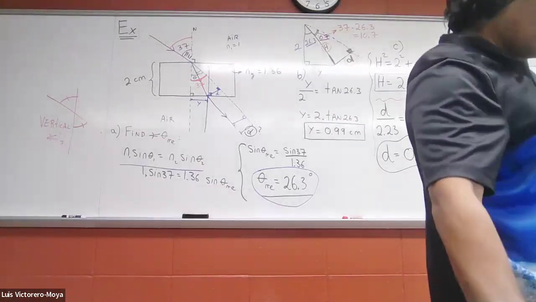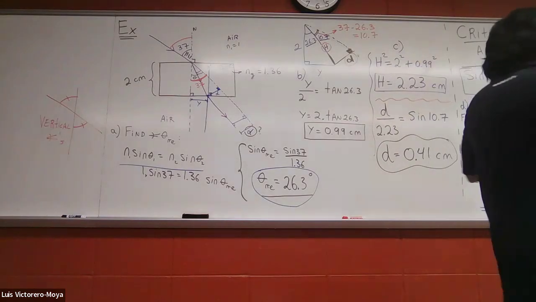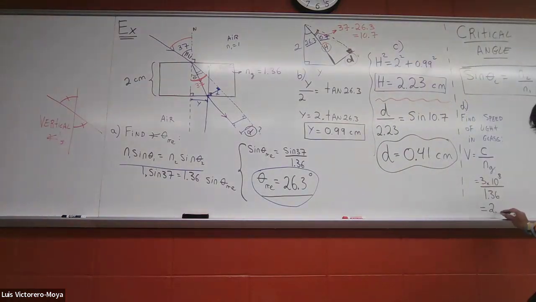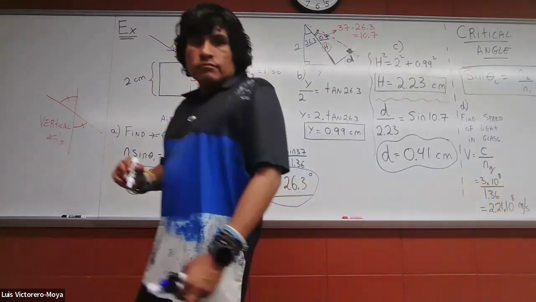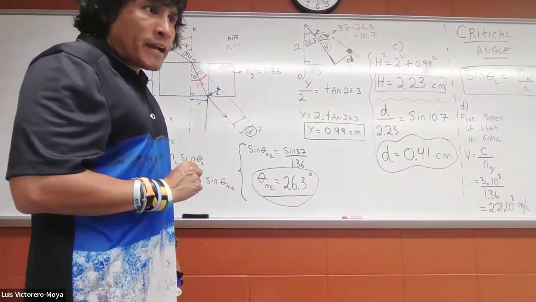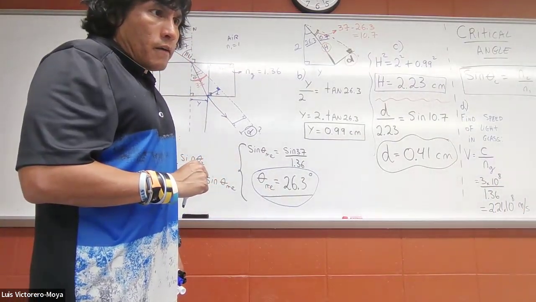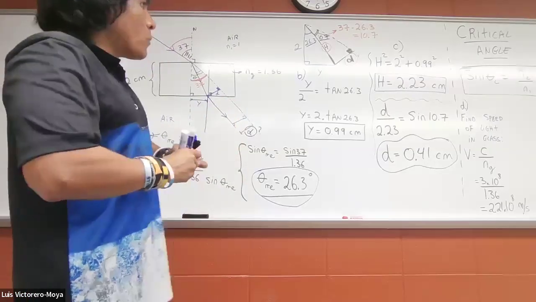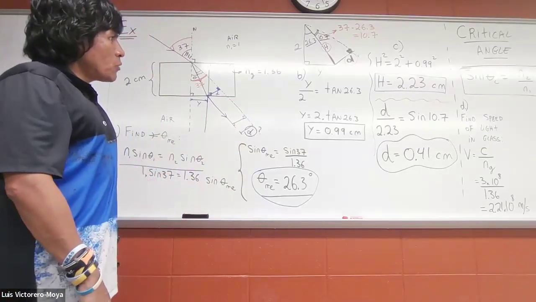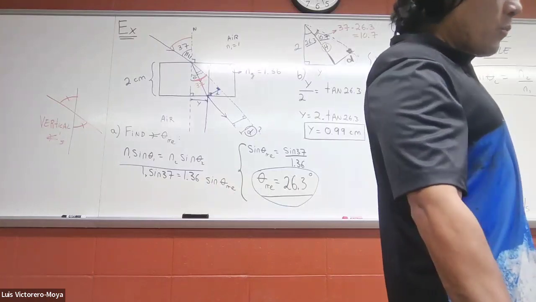So if you use a calculator, you get 2.21 times 10 to the 8 meters per second. All right? So that's another question you are being asked. Okay, so 4 parts for this question here. That's a refraction problem.